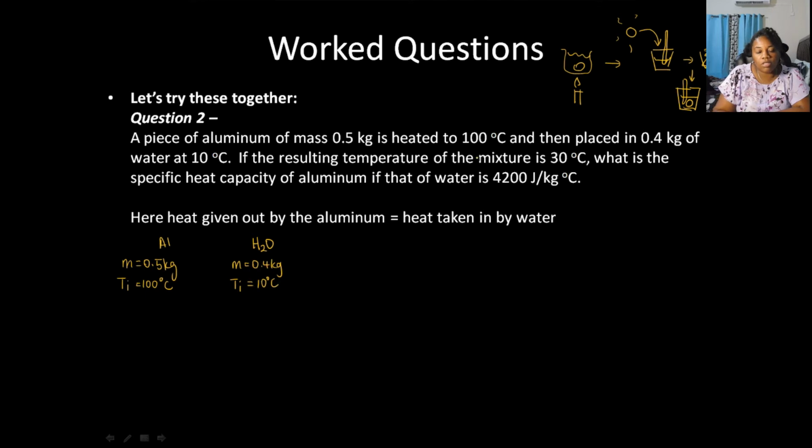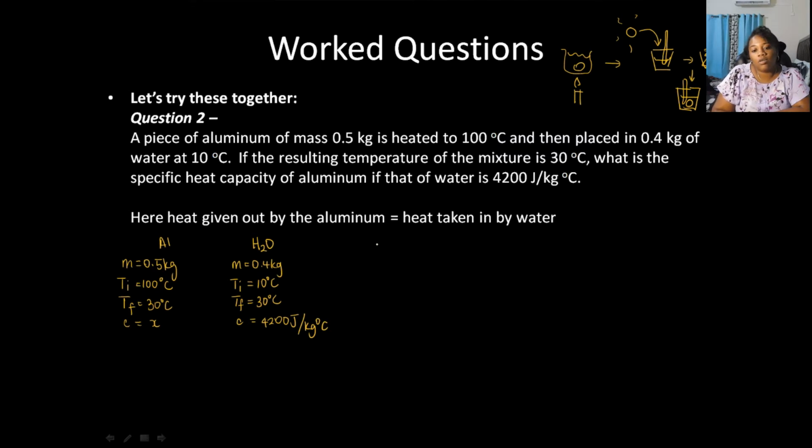If the resulting temperature of the mixture is 30, the final temperature of both will be 30 degrees. What is the specific heat capacity of aluminum if that of water is 4200 joules per kilogram degrees Celsius?